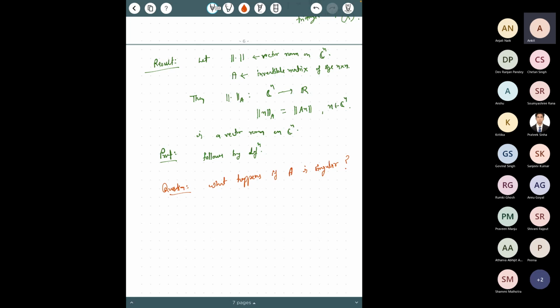So depending on the application, depending on the purpose, one can choose the norm. So it is good to have a collection of norms. In actual application, it happens that one can use one norm to develop the whole theory, but in application that norm is not useful, and some other norm is useful, which is easy to compute, right?